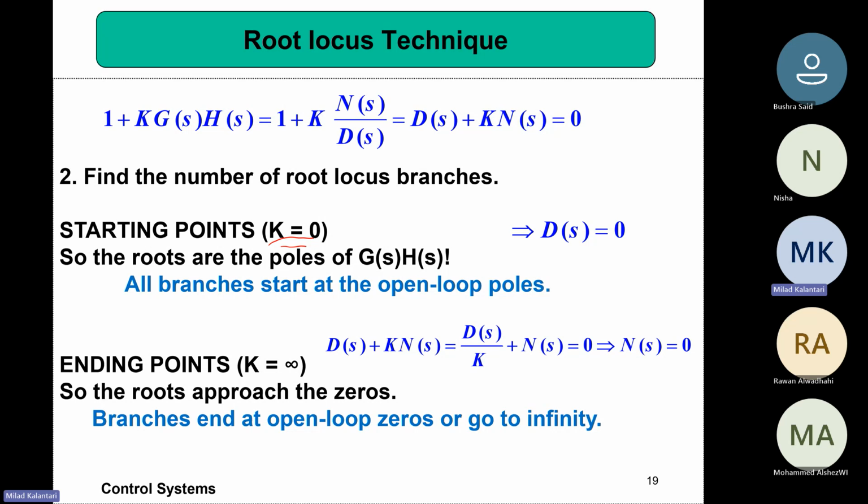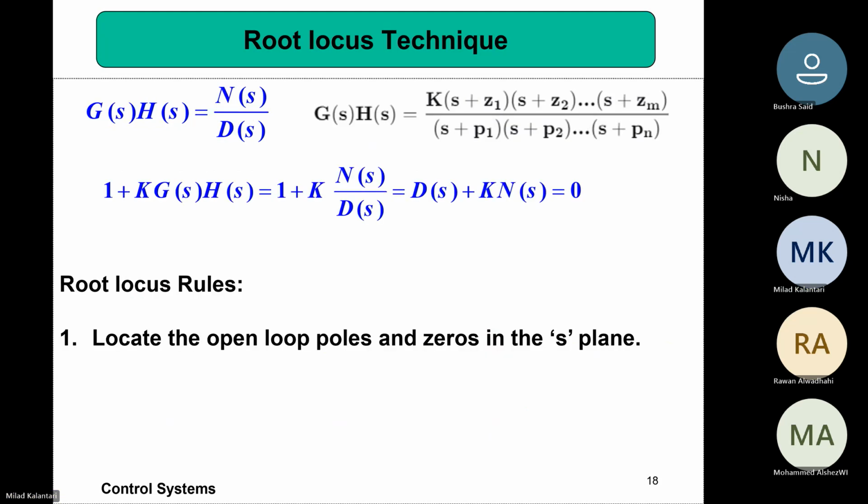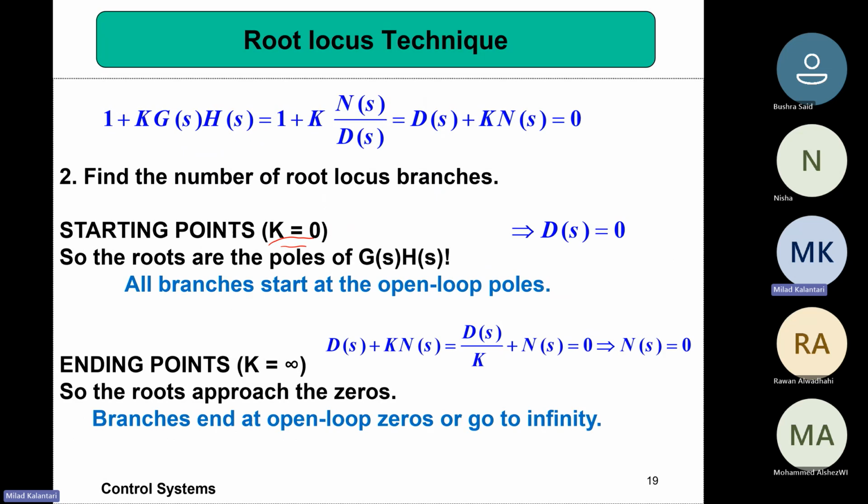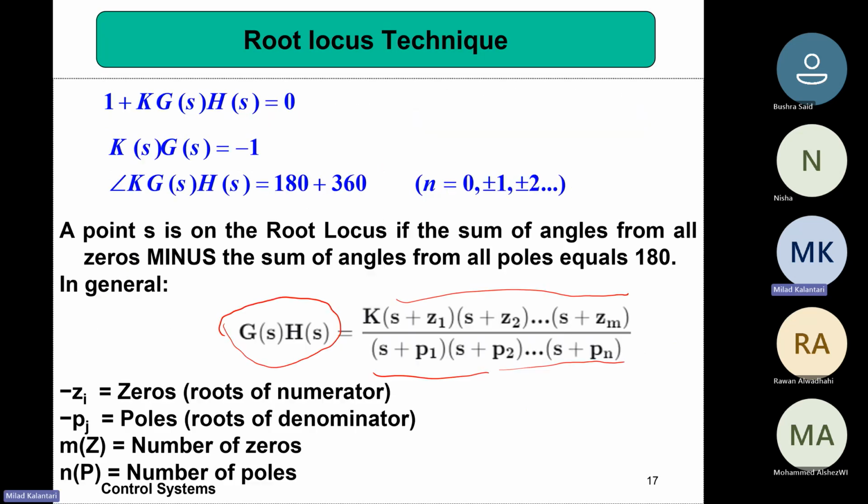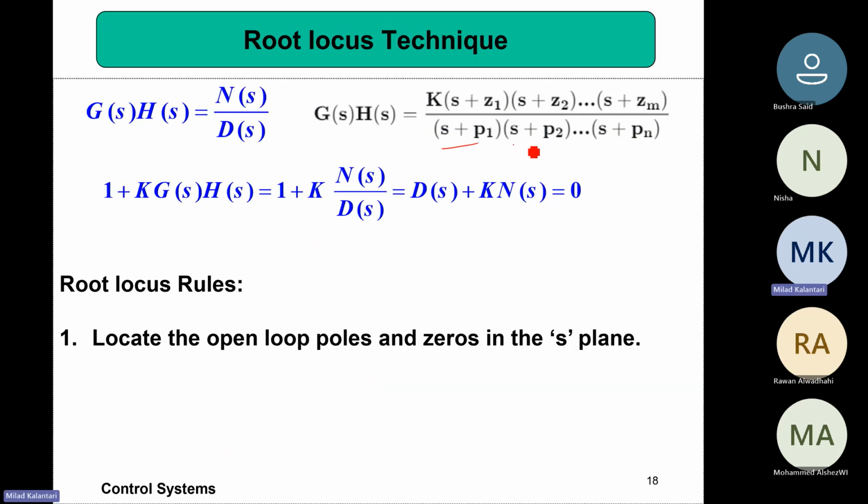And then what else we know from these equations is that when k becomes too big or goes to infinity, then the poles start moving towards the zeros of the system, right? We have mentioned that we have some poles and some zeros, right?